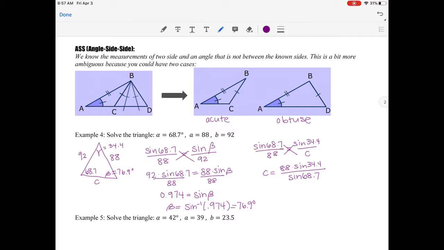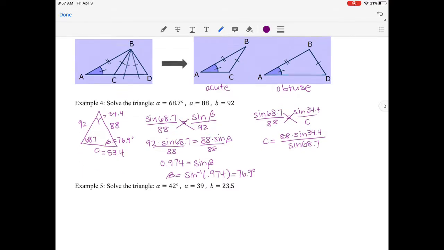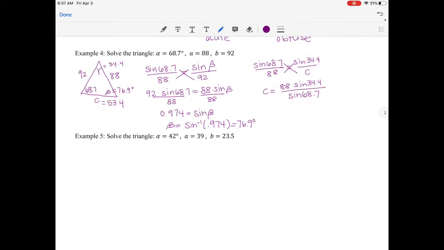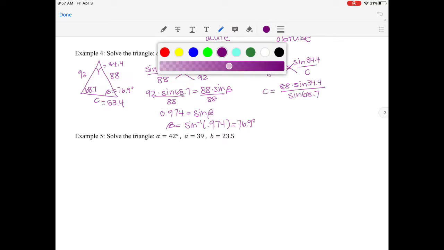Type that into your calculator again, and you will end up with 53.36, so we'll just call that 53.4. Okay, so that's great, and that's when we have an acute triangle.